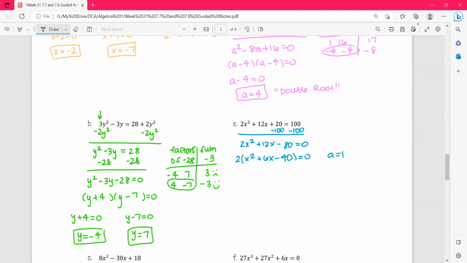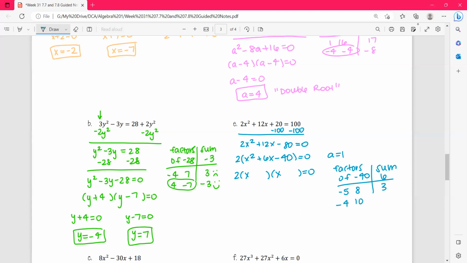So I go right to making my binomials and my chart. I need factors of negative 40 and the sum to be 6. So I think about like 5 and 8. Negative 5 and 8 give me 3. That's not good. 4 and 10.